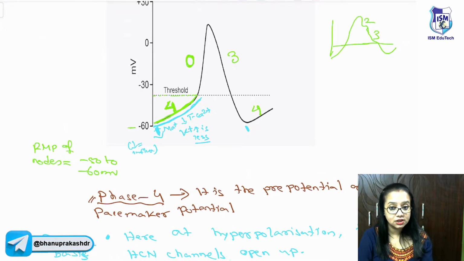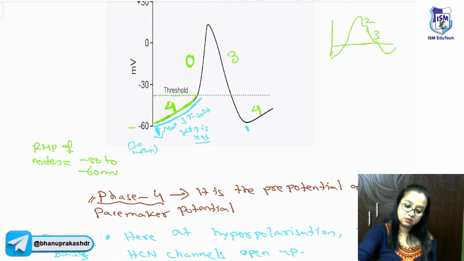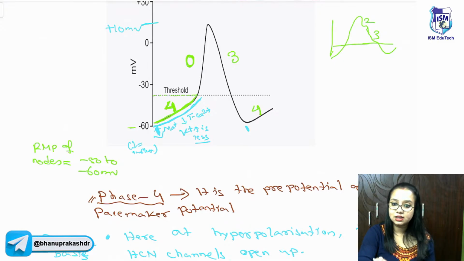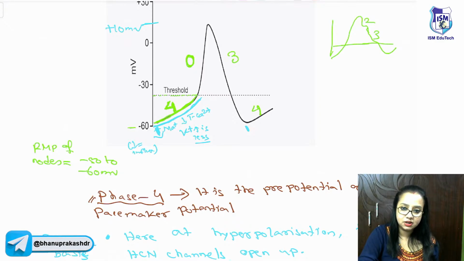Firing of the SA node and AV node is caused by influx of calcium through the voltage gated calcium channel, the dihydropyridine channel or L channel. Okay, after it reaches maximum positivity, which is about plus 10 millivolt, again this calcium channel closes down, and efflux of potassium happens very rapidly.